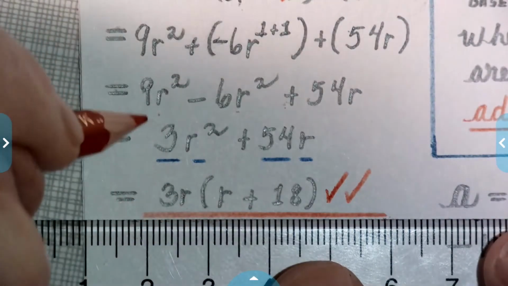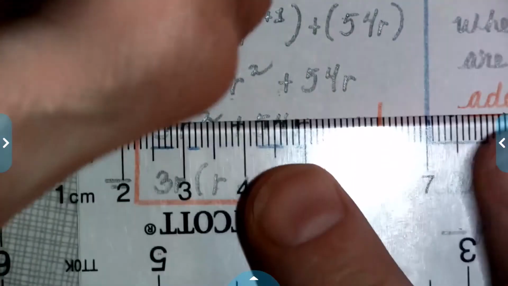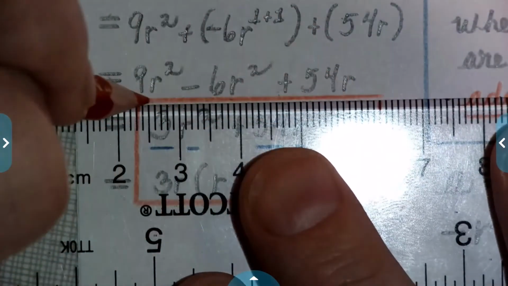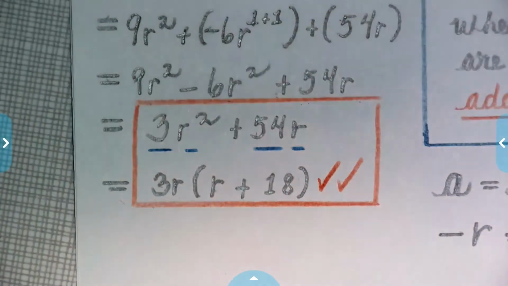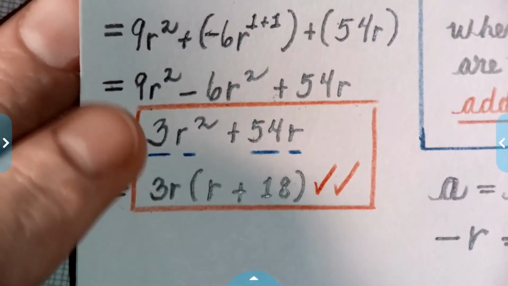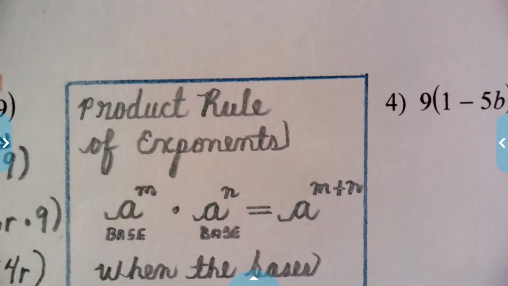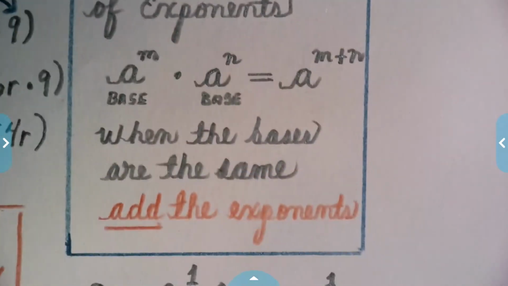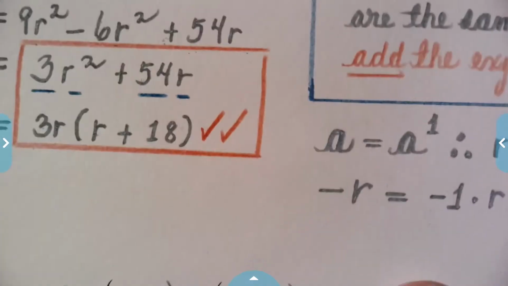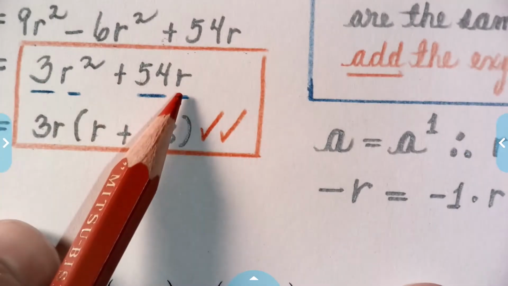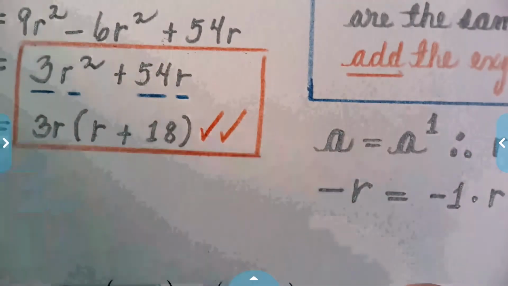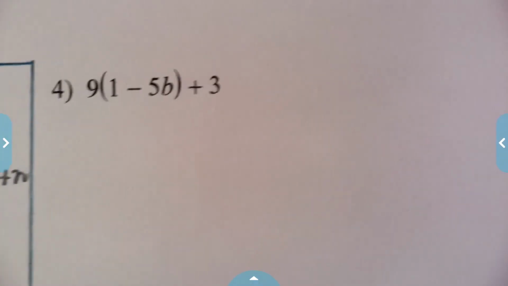So I'll just put them both here. Both are acceptable answers. All right, well, that took a long time because we had to go over the rule, but now you know the rule, okay? And I actually did the quotient rule for exponents, the division rule, here when I divided out those r's, but let's just move on to number 4.